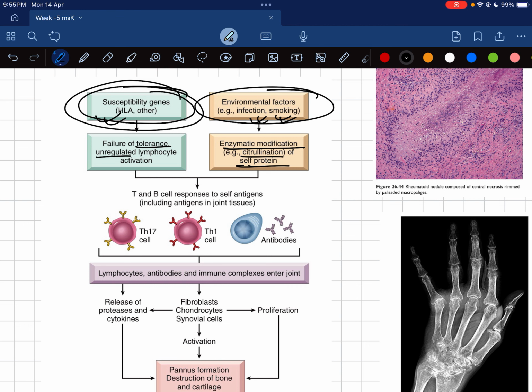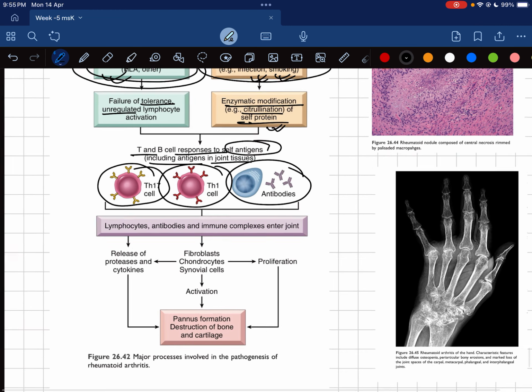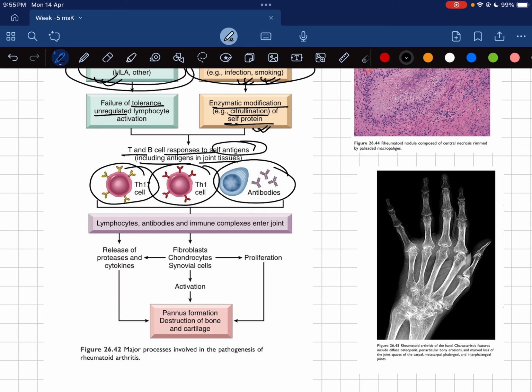When lymphocytes activate and more citrullinated proteins form, there is activation of T cell and B cell responses against self antigens, including antigens in the joint tissue. So there are T helper 17 cells, T helper 1 cells, and antibody formation, and lymphocytes, antibody, and immune complexes enter the joint.